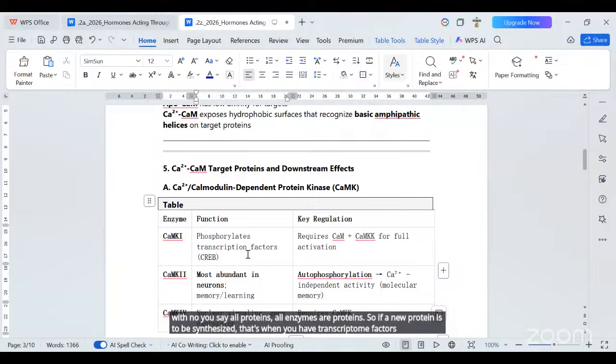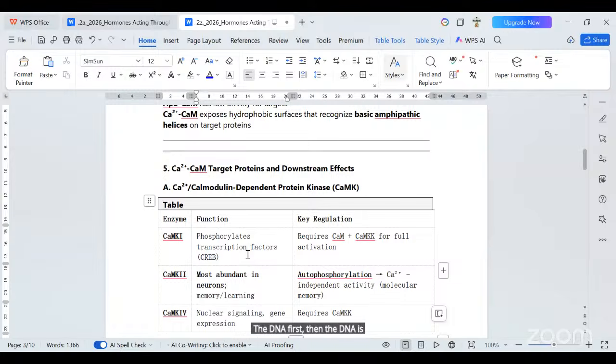The DNA first unwinds, then the DNA is transcribed to RNA. So it is at this point that you have CaMKII needed, because remember we said calcium works as what? A cofactor to an enzyme.